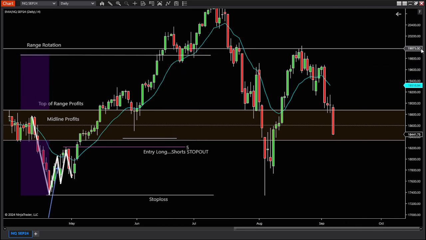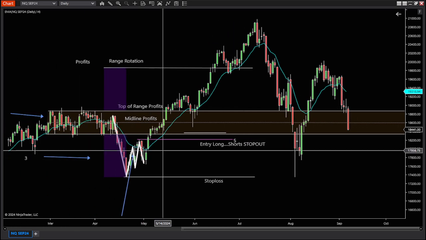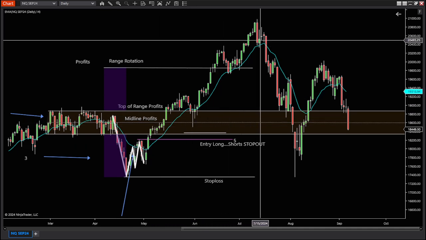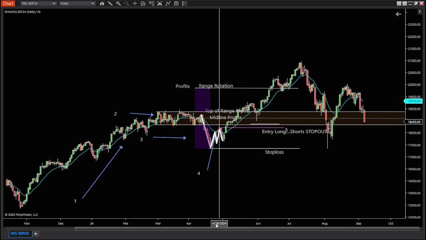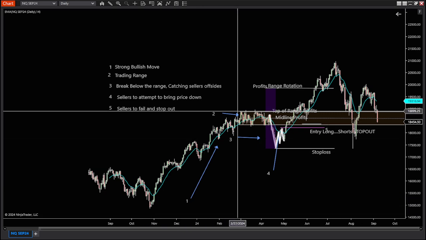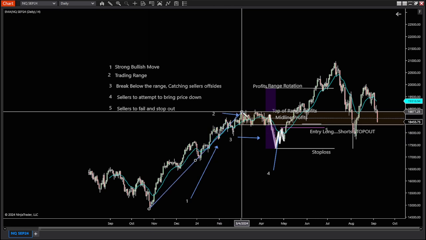Now let's say after that I still have runners, since we held the pullback, breakout, pullback, held, and then continued. Where's the next target? Well, let's look at this move. This is the bullish move up into the trading range.